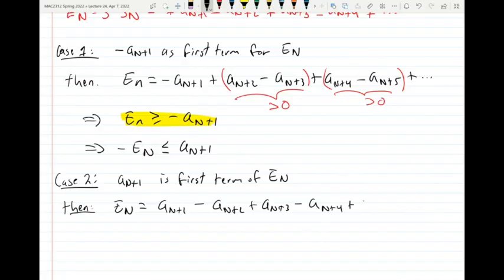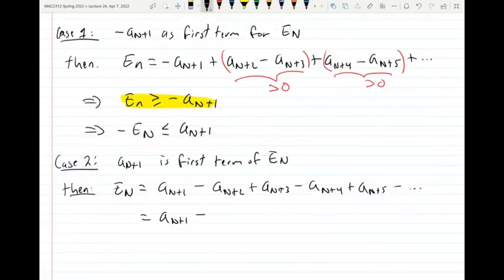I guess I should do one more, a_n plus 5, etc. So as we did last time, I'm going to keep the first one alone. I'm going to factor out a negative, and then you can rewrite this as a_(n+2) minus a_(n+3), plus a_(n+4) minus a_(n+5), and so on.